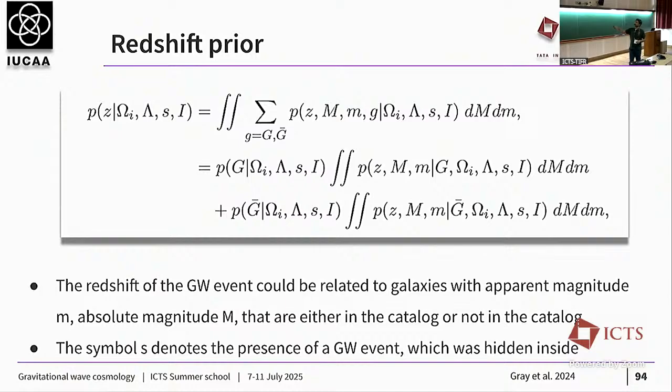Then what I'm doing is just this integral here. What you're seeing here is just a marginalization, right? I'm putting in many terms here and integrating all of them out so that I will get P of z given these quantities. That's all I'm doing. So again, going back to our cheat sheet, this will be one of these formulas, but written in a simple form. It just looks complicated, but it's simple.